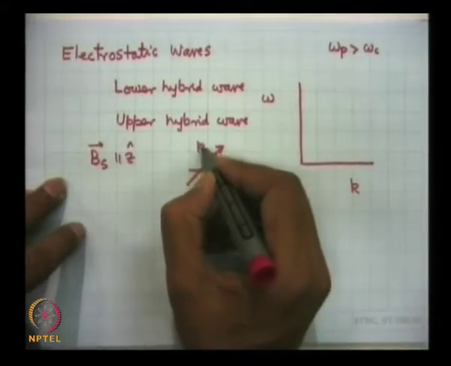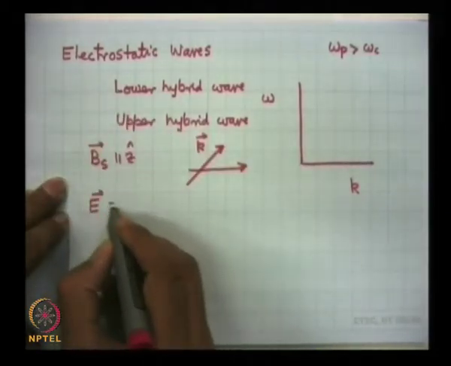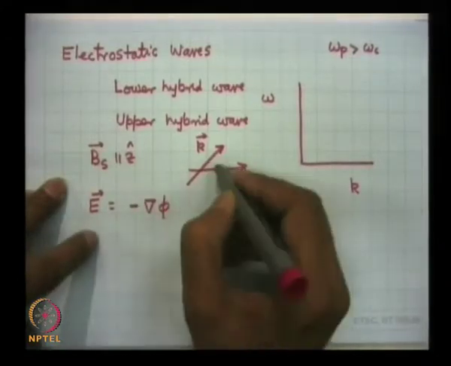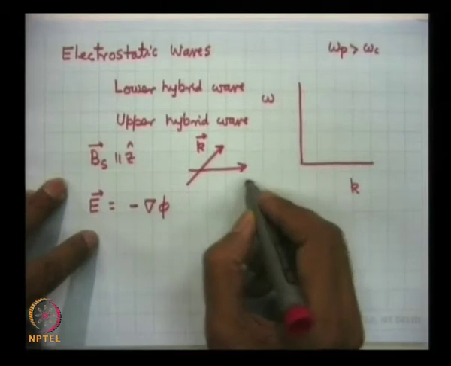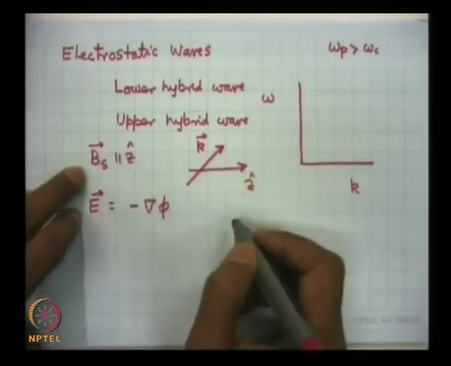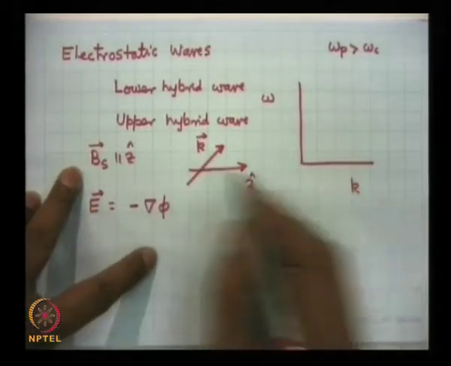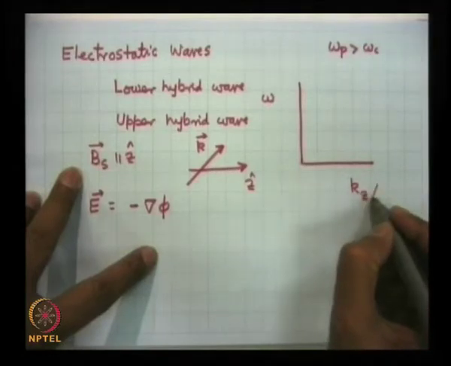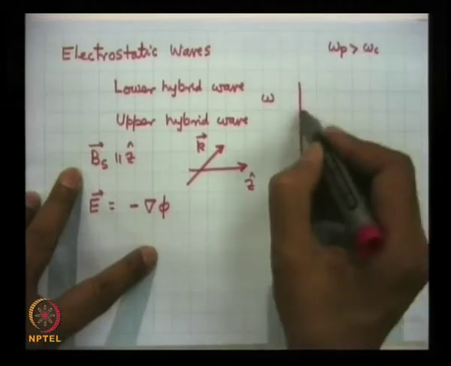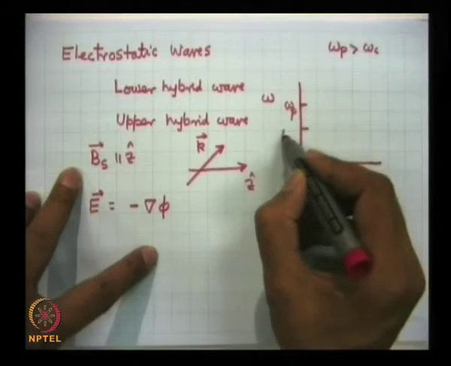This is the k vector of the wave. It is an electrostatic wave whose electric field I express as minus gradient of some potential phi. So, if we plot kz by k of this wave, this is suppose omega p somewhere, this is suppose omega c somewhere.